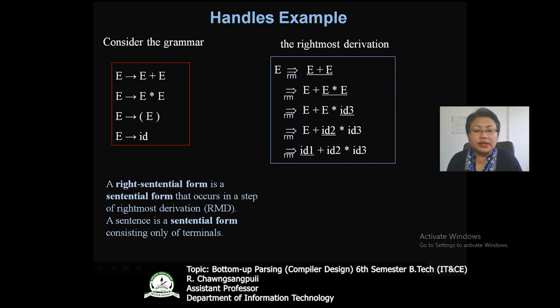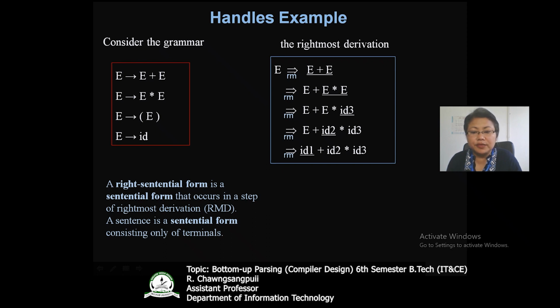So this again will derive ID1 since E can have the form ID is there, so it can be replaced with this, so it becomes ID1 plus ID2 into ID3. So every time the one that we are substituting is called the handle.